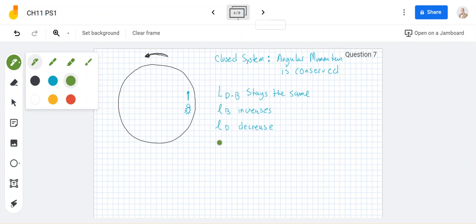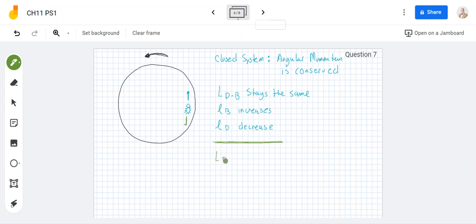The next part of the question says, well, what would happen if he walked the other way? So if we take our beetle, and instead of walking this way, what if we started walking this way? Since he's already moving with the disc, if he started walking this way, he'd actually slow down relative to the disc, but he's actually pushing the disc in the direction it's already going, which means the disc would actually speed up.